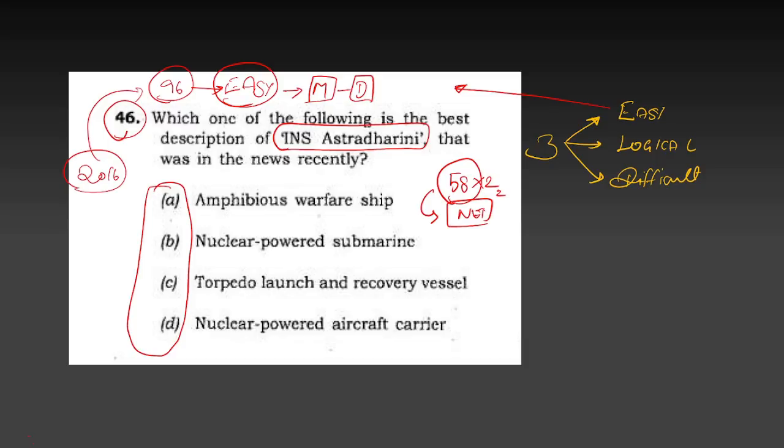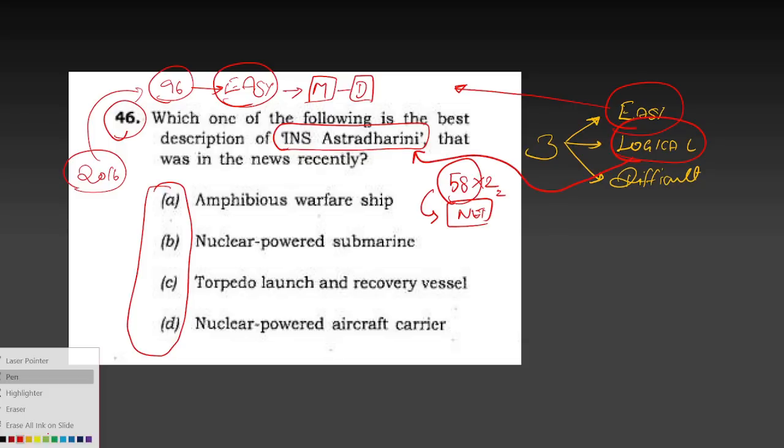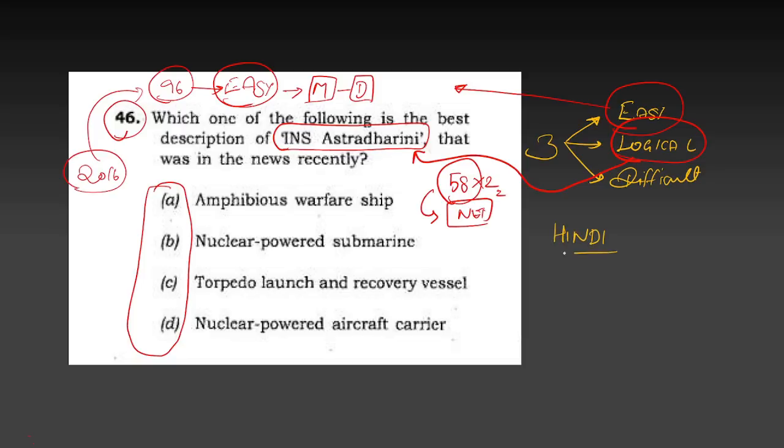So what I decided was, first I marked the easier questions, then in the second reading I came to wordplay. And this is true, my friends: if you find any word in English difficult, the Hindi translation actually helps. Even in the mains essay paper, Hindi translation does help.